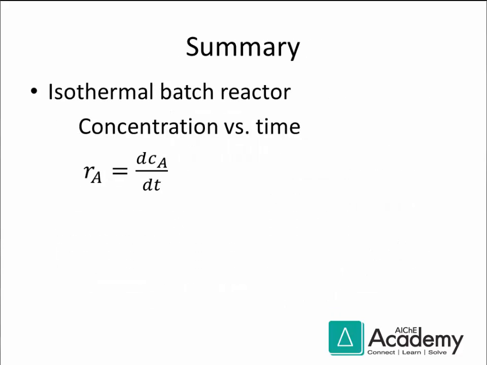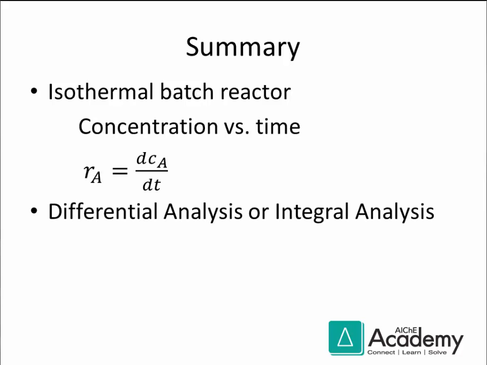So to review, while other reactor configurations are possible, the most common way to obtain kinetic data is to conduct a reaction in an isothermal batch reactor. This generally provides the concentration of a reactant or a product over time. The fundamental equation for analyzing an isothermal batch reactor, given the assumption of perfect mixing and constant volume for the reaction mixture, is that the rate of appearance of any species equals the time derivative of the concentration of that species.